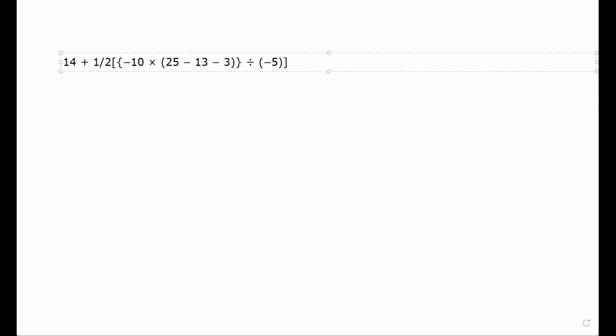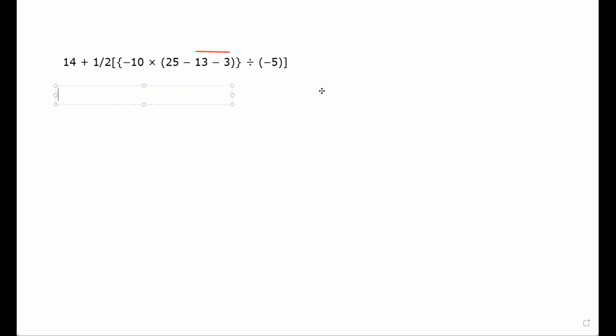And there is one more thing given, that is the line bracket which is placed over 13 minus 3. We have to solve this line bracket first.